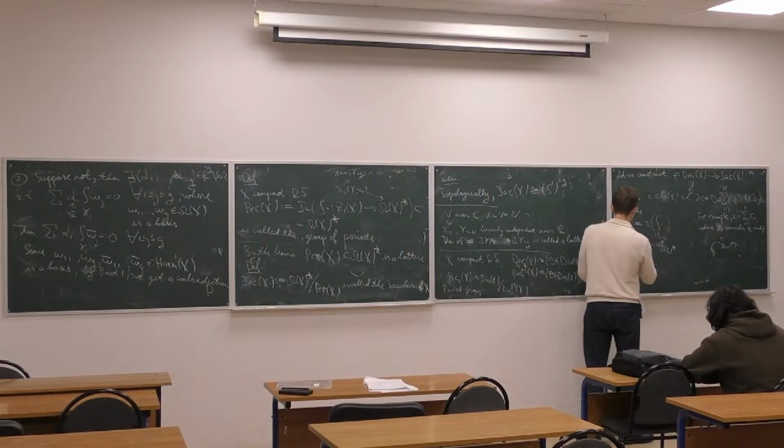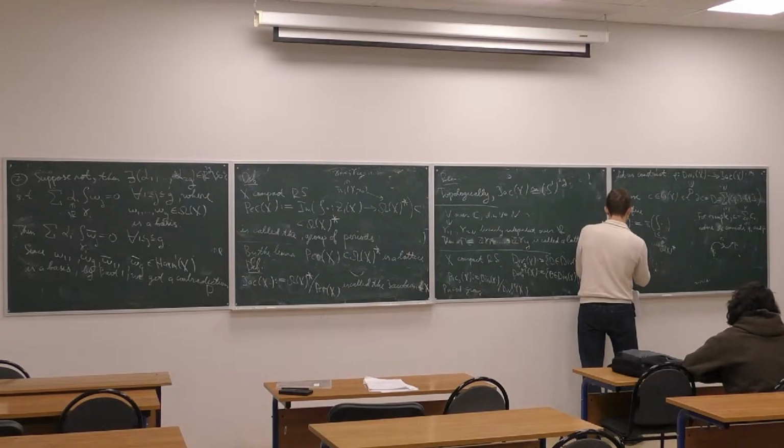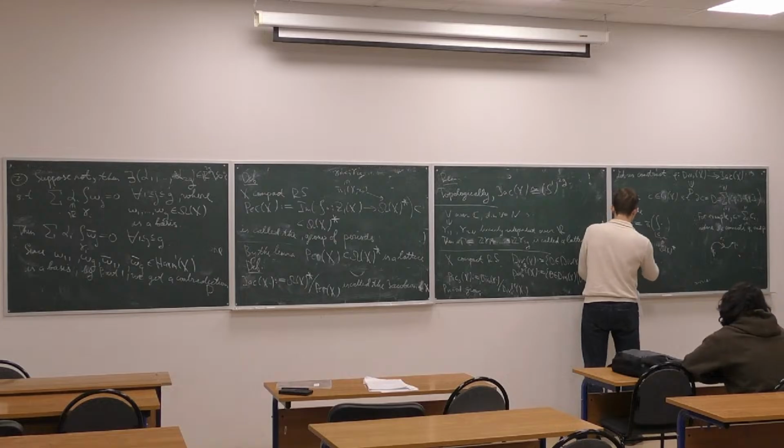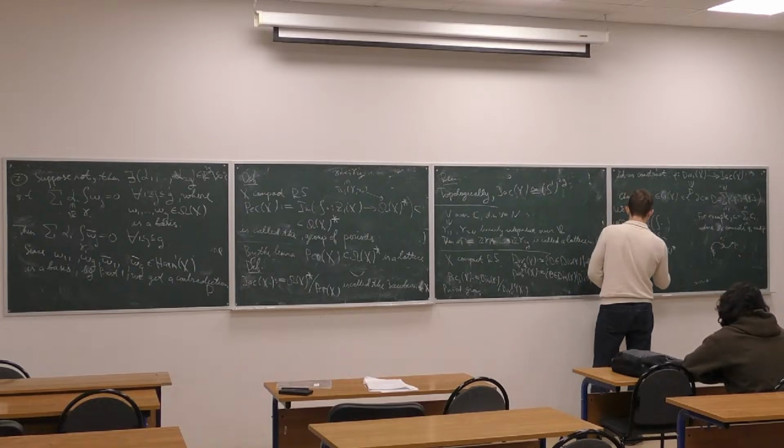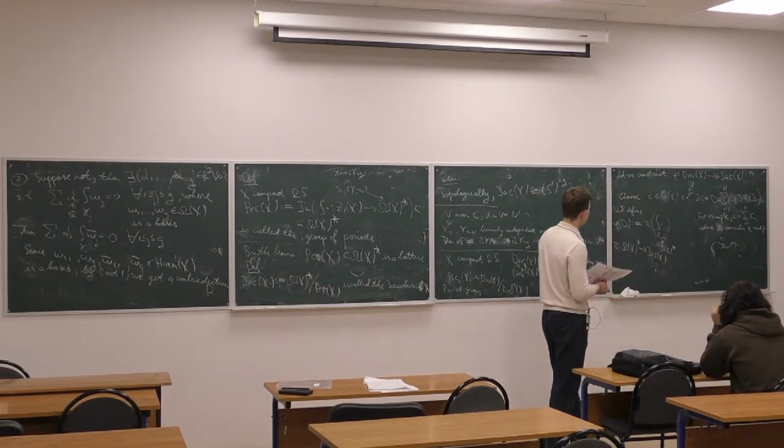Then you take the projection pi from Omega(X) dual to the Jacobian. Is this clear?